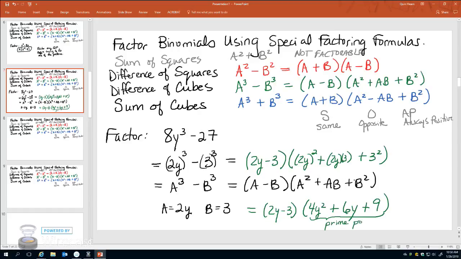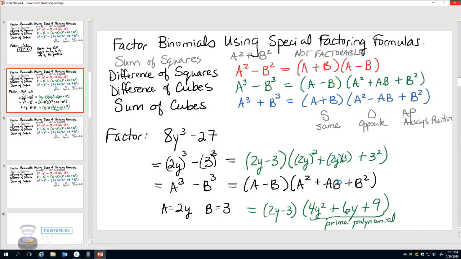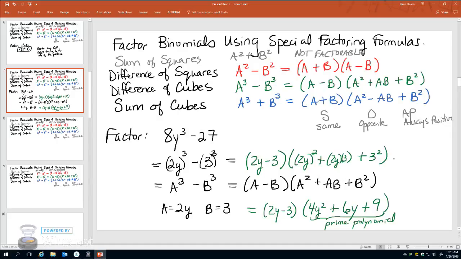It does not factor any further. That is always the case with these formulas for the sum and difference of cubes, so you don't ever need to try and factor that trinomial further. Okay, which is good. So that means we're done. All right, so that's how you would factor a difference of cubes.